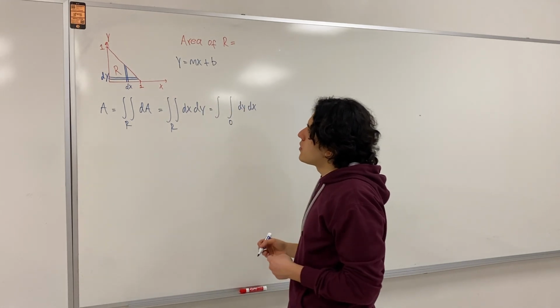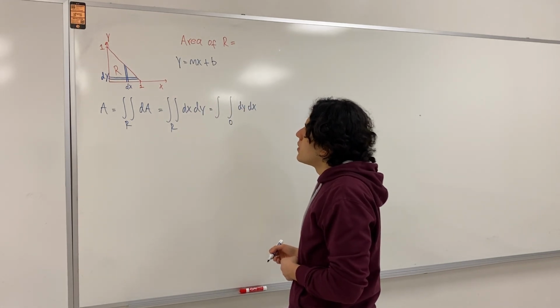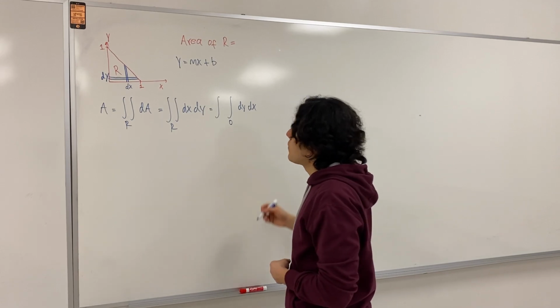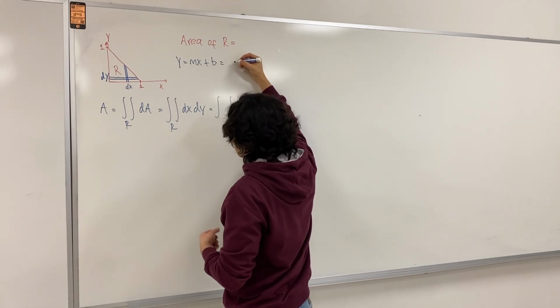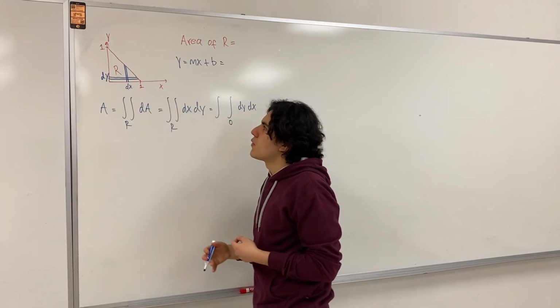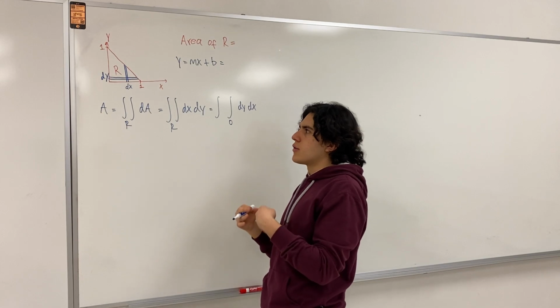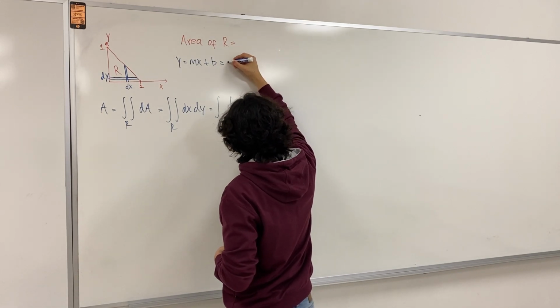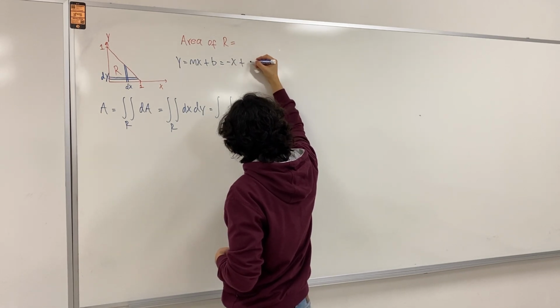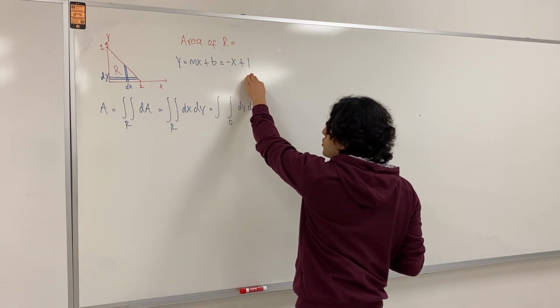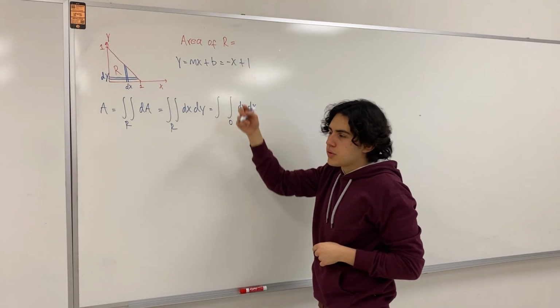The slope should be equal to -1, because we're dropping. It is rise over run: our rise is -1 and our run is +1. So that should be minus x plus 1. Notice that when x equals 0, we get 1. So this is our function.